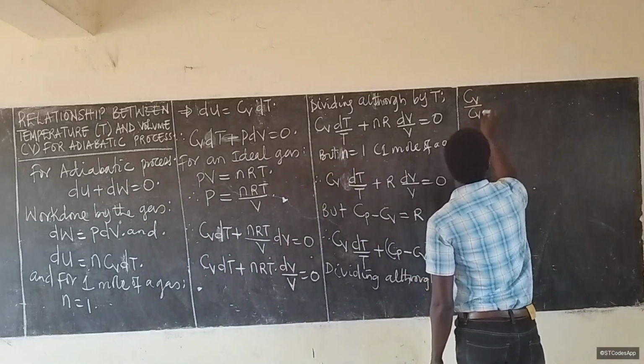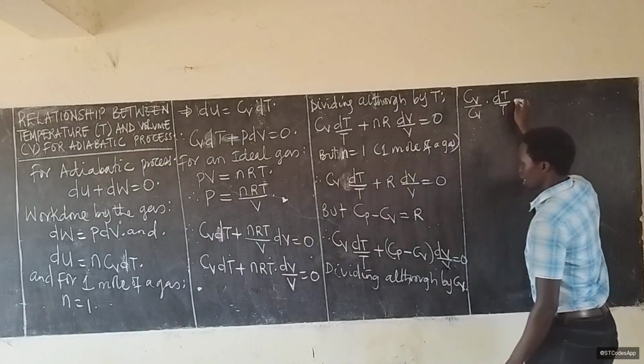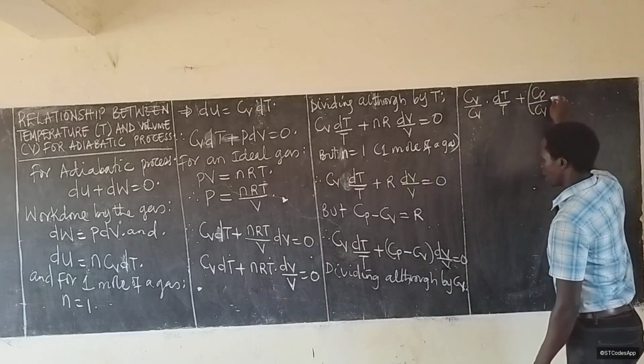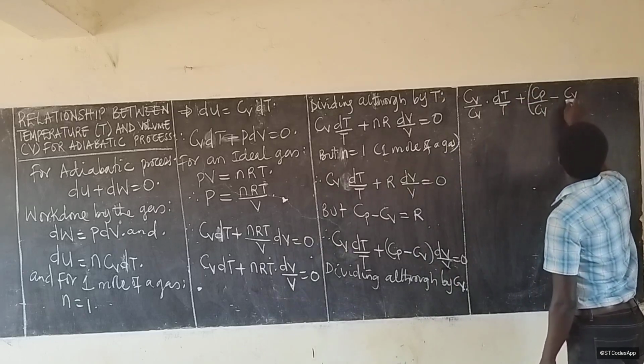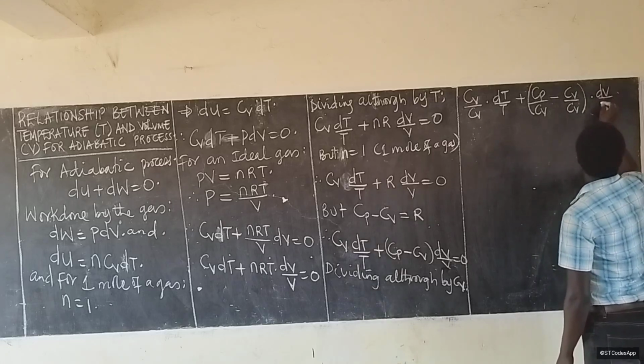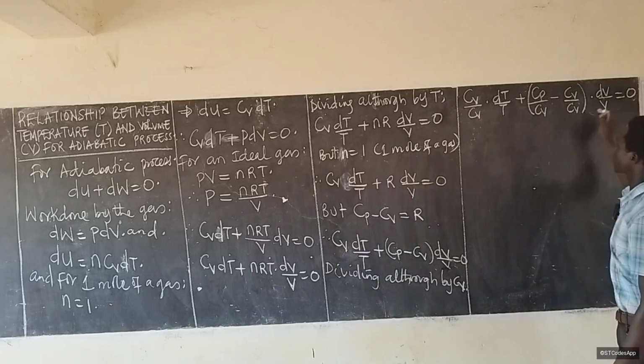I will have Cv out of Cv here times dT over T plus Cp over Cv now minus Cv over Cv times dV over V. This is equal to 0. When you divide this way by Cv, it will still give you 0.